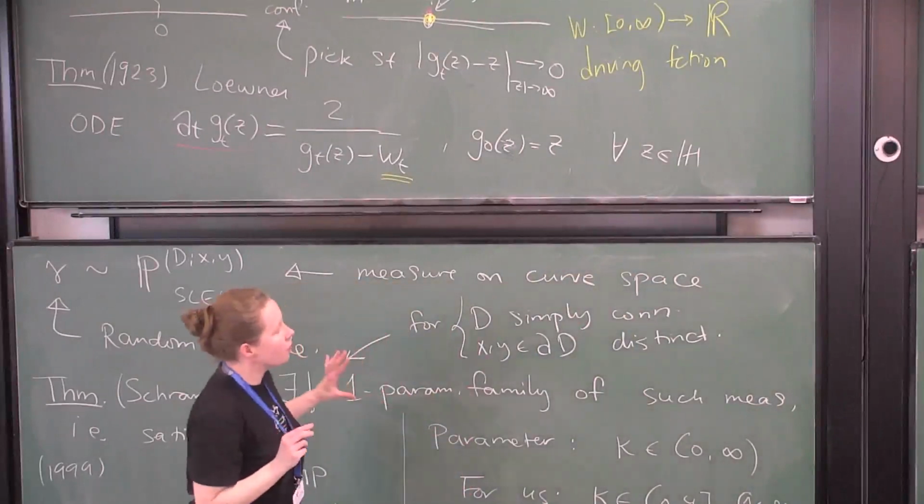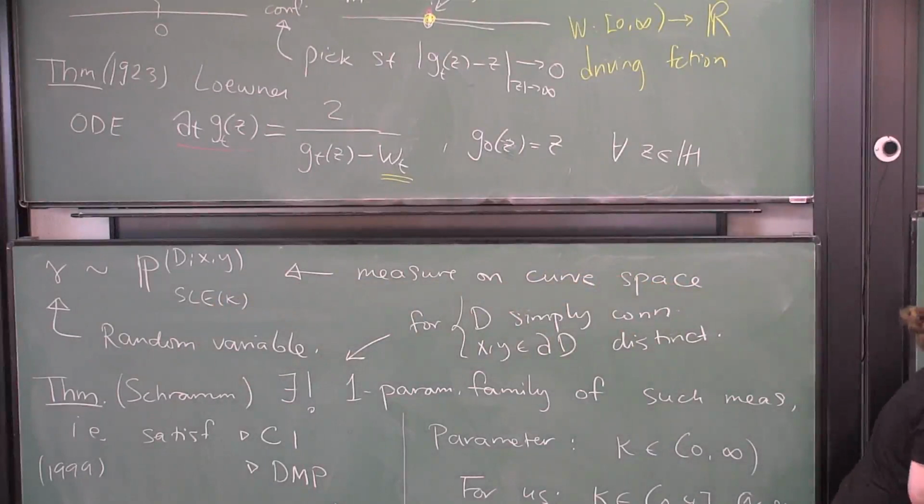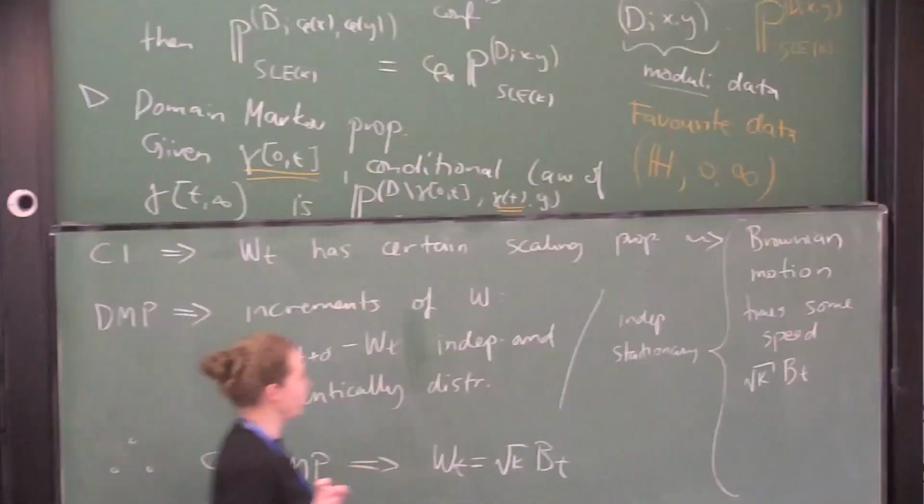So long story short, this was very sketchy, but the upshot of Schramm was that these properties imply W equals Brownian motion times some speed, because you can always multiply it by some scalar, and this is this kappa guy.